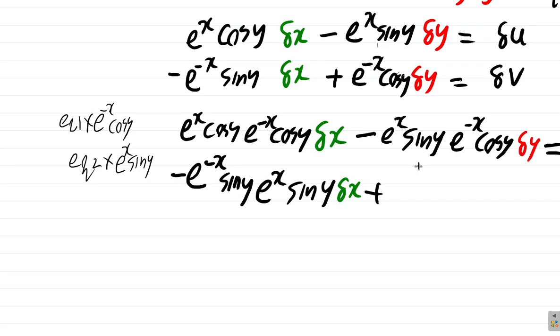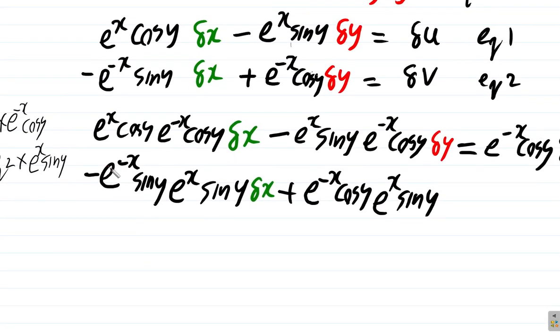So it's going to be e to the negative x cos y, multiplied by e to the x sin y, and then we write down our delta y here.